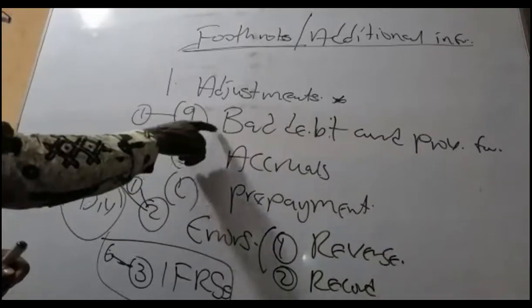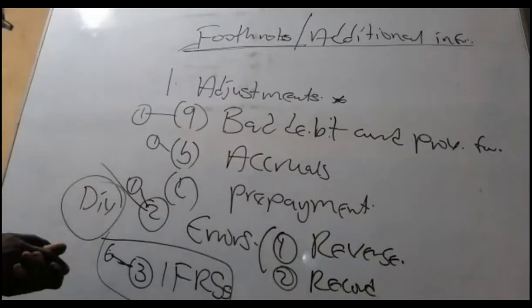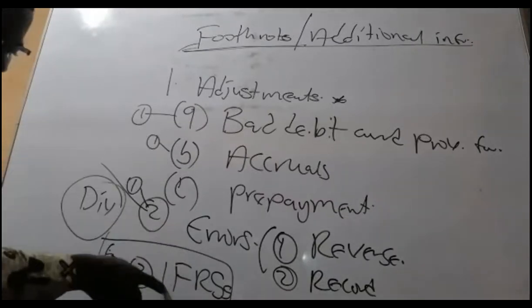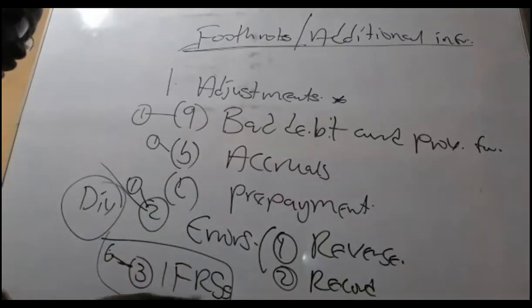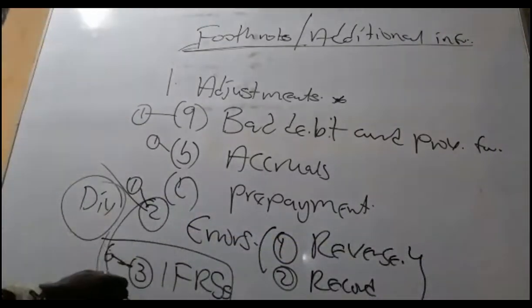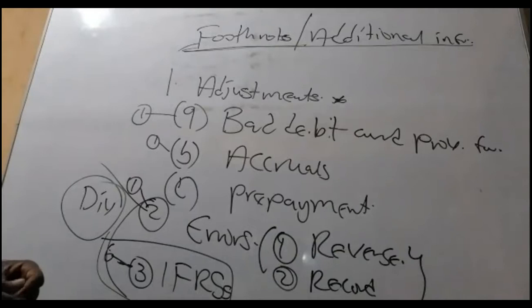Prepayment, accrual, bad debt, they are not difficult at all. Unlike errors, where they've made a mistake. 2, the IFRS. This is what the examiner will depend strongly on to make his name.